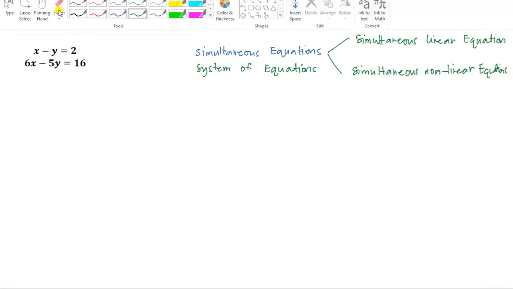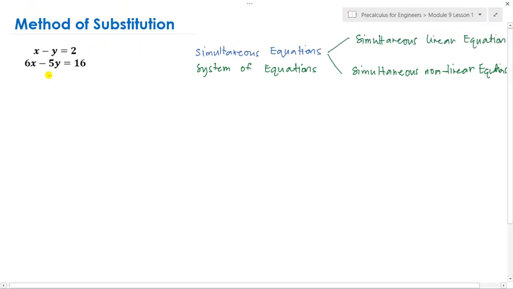So we have here an example system of equations. This is a linear equation. We have x minus y is equal to 2 and 6x minus 5y is equal to 16. The first step for the method of substitution is that we are going to choose the simpler form, wherein dili siya complicated. Example sa mga equation nga complicated, kana iyang coefficient kay medyo gamay of value.